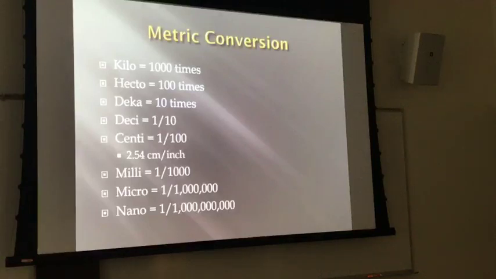There are 2.54 centimeters in an inch. So a centimeter is a little bit more than a half an inch, but 2.54 centimeters per inch. Kilo means 1,000 times. Deci is 1/10. Centi is 1/100, and milli is 1/1000.